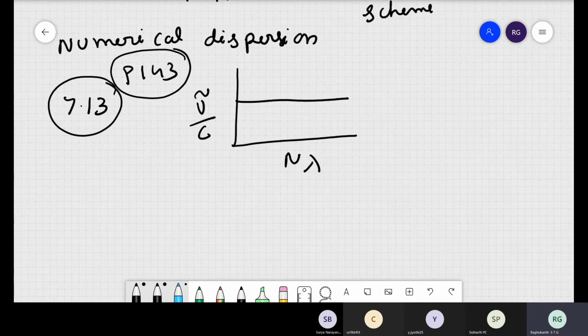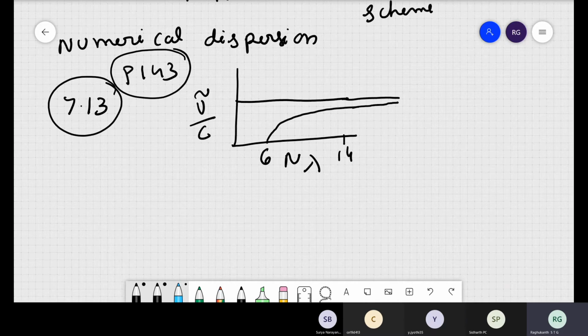But if you try to plot the numerical dispersion, you can do that in your next assignment. One can show that if you take a 2 comma 2 scheme, it is something like this. Here you are taking n lambda as 6. Even if you take 14, it doesn't approach 1; it still approaches 0.99 or 0.98 or so.